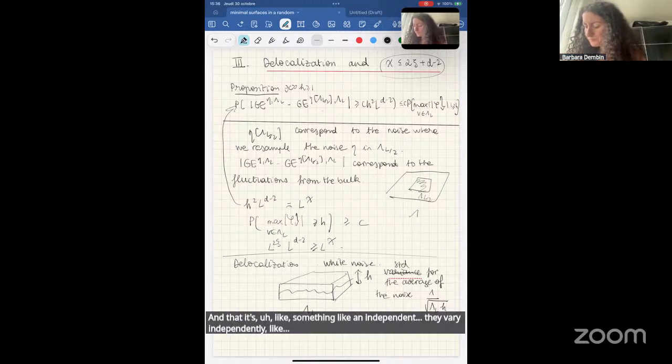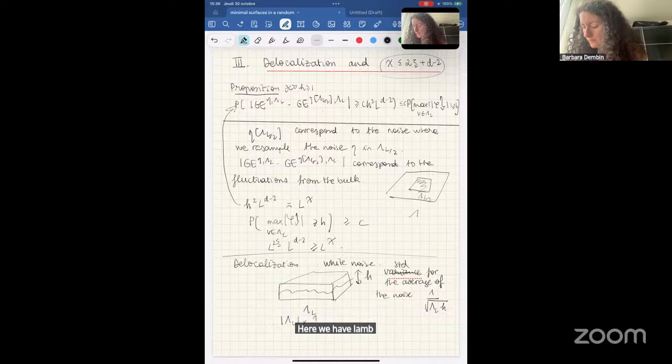And so what you hope is that the total contribution of this thing, since you have a volume lambda L of points, you will have lambda L times... so it's L. So these are with the white noise.